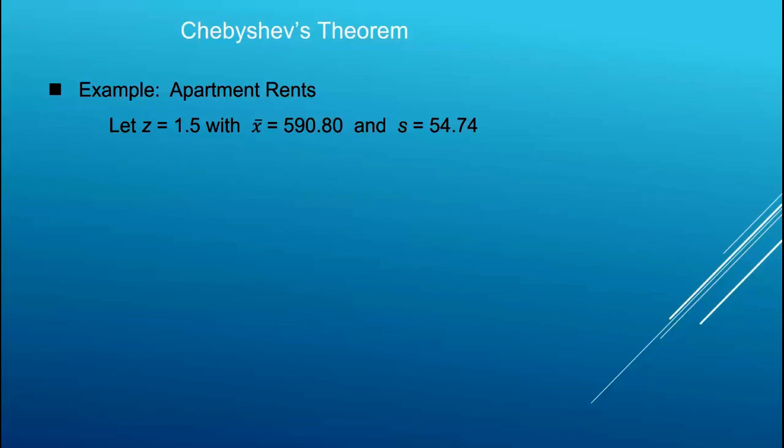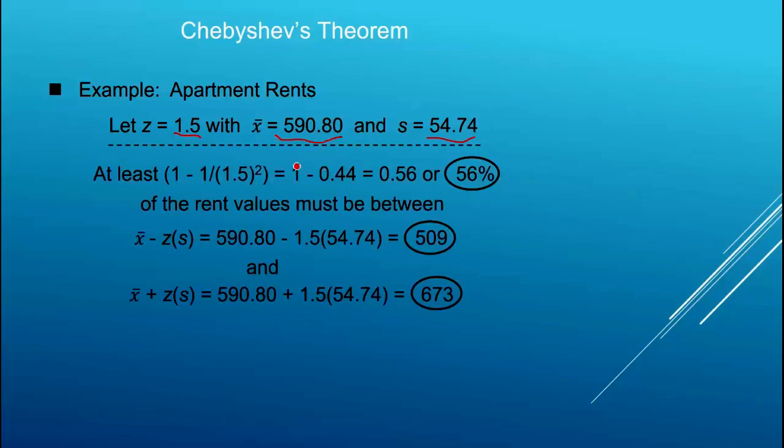First, here's an example of Chebyshev's theorem. We're going to apply this to apartment rents. Let's let z be equal to 1.5. That qualifies for Chebyshev's theorem because we need a z that's greater than 1, and there's no restriction that z be equal to an integer. In our apartment rent data, x bar is 590.8, and we know that the standard deviation is $54.74.